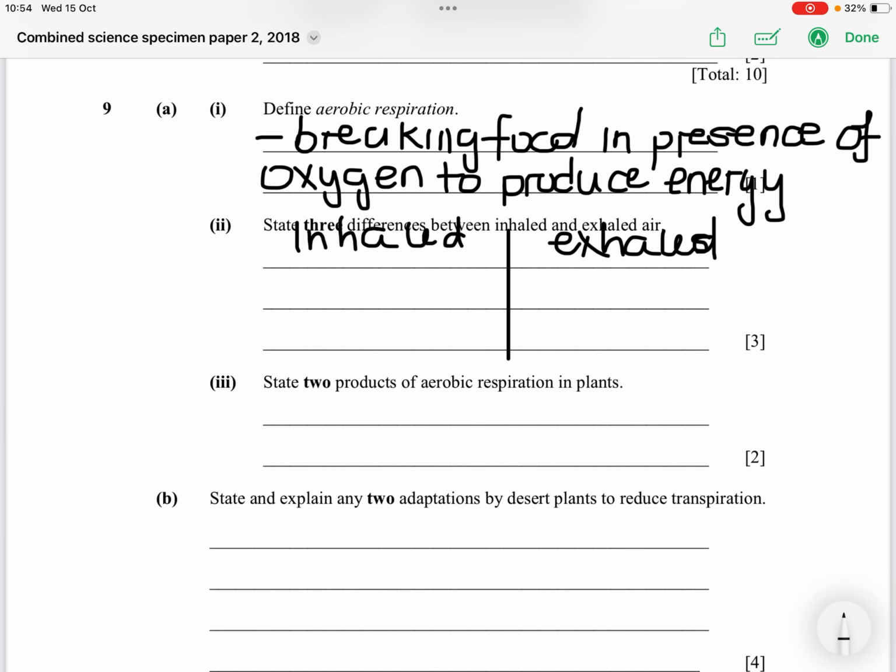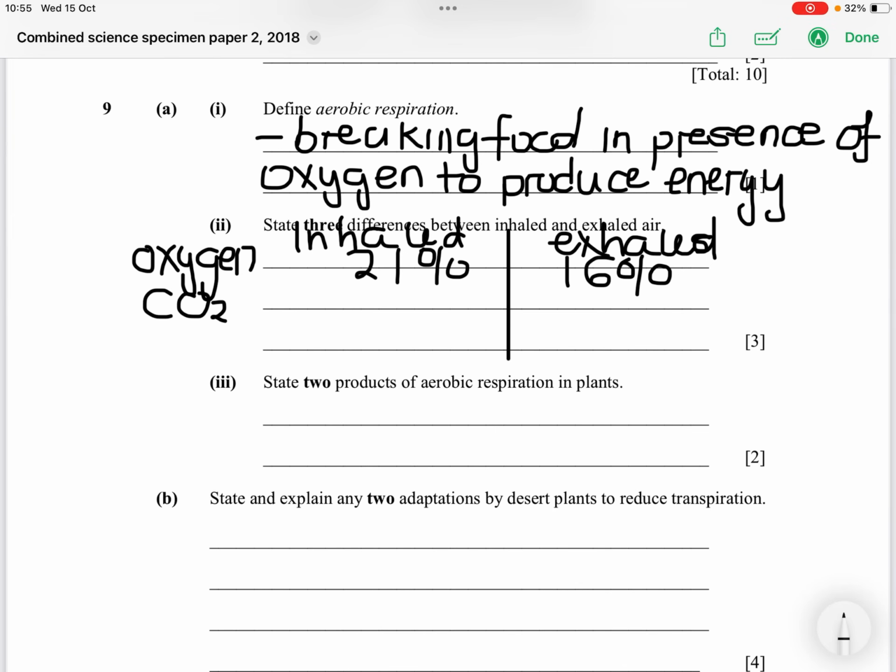You are required to give the percentages. For example, we write oxygen here. For oxygen, inhaled air has 21% oxygen, whilst it has 16% oxygen for exhaled air.